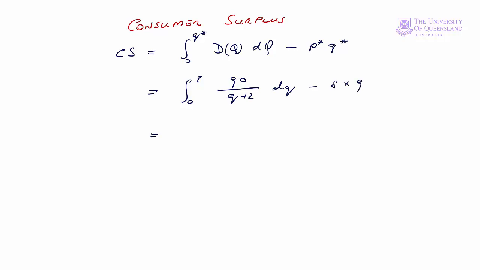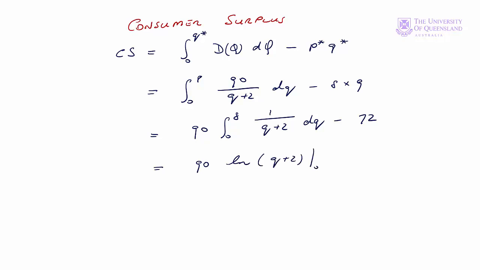We can simplify that. We have a quotient where the numerator is the first root of the denominator. So we can apply the integration by substitution rule for a quotient. And we'll have 90 times the log of Q plus 2 evaluated from 0 to 8 minus 72.